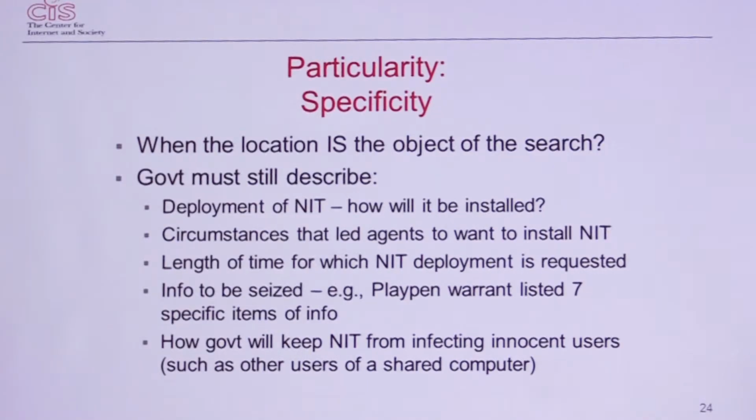If the government has more specific information than they are listing in the warrant, you can go after them for that, to say, look, you had more information about browsing habits or time spent on the site or other factors that you should have included in the warrant application, that you should have included in the particularity requirements. So you hold the government to the amount of information that they have, if you can find that out.